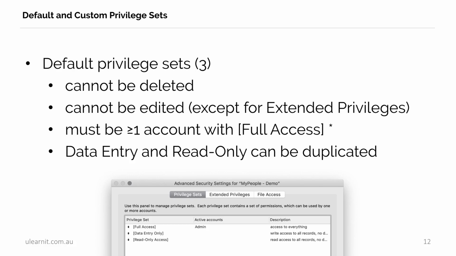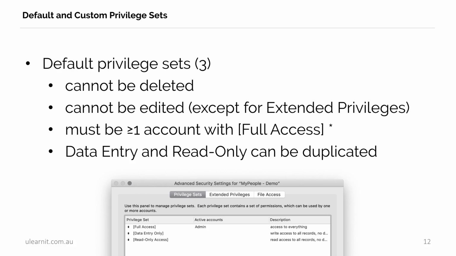So in a file there must be at least one account that has full access privileges, with the exception that it's possible with developer tools to completely remove full access to a file, but if that's done it can never be restored. So you need to make sure that you have a backup copy of the file with full access if you ever want to modify it in any way in future.